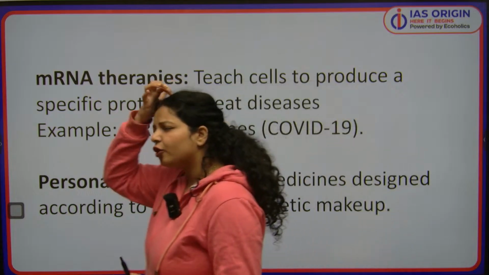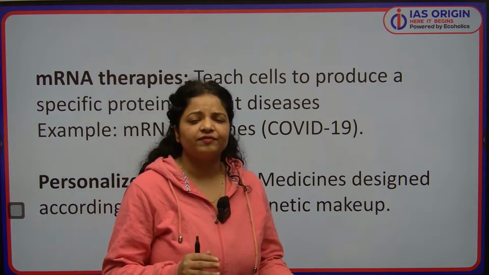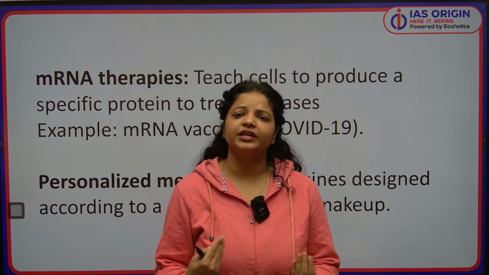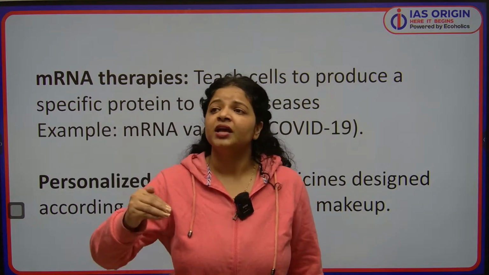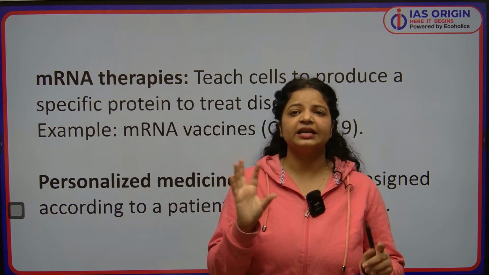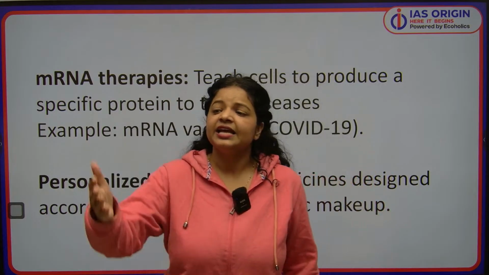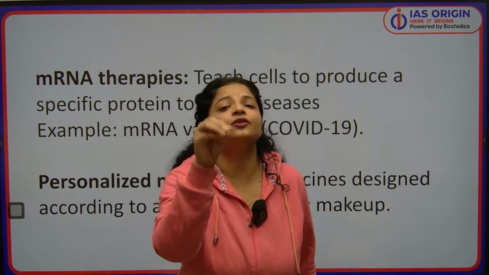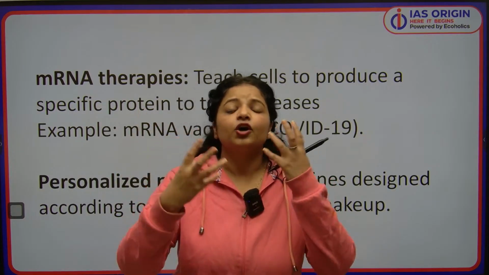Then another kind of precision biotherapeutics which you will see is personalized medicine, designed according to the patient's genetic makeup. Obviously every individual has a different genetic setup. Personalized is a term used majorly in beauty salons, where they say this is your personalized skin routine, according to your skin, your combination skin.